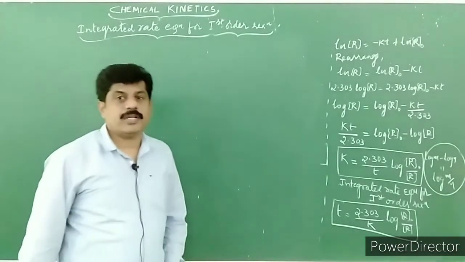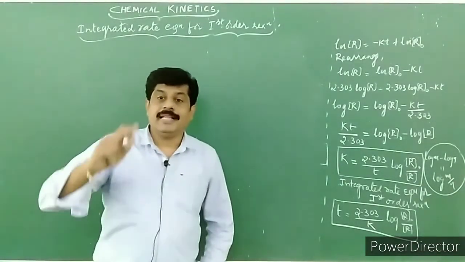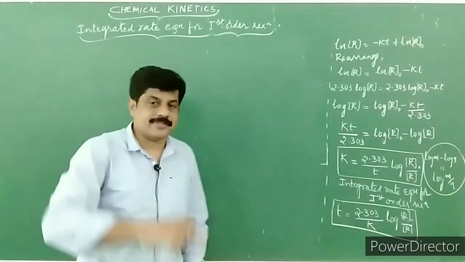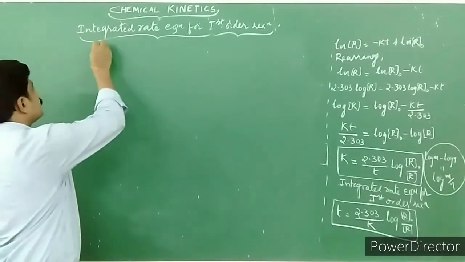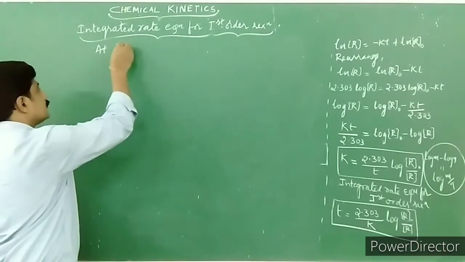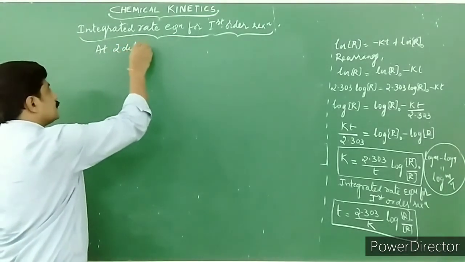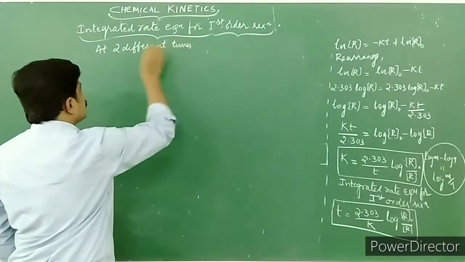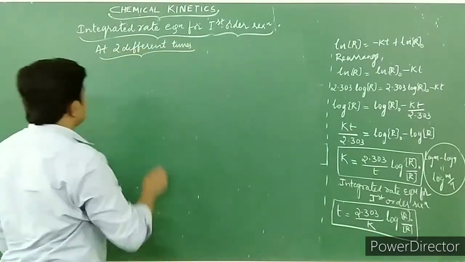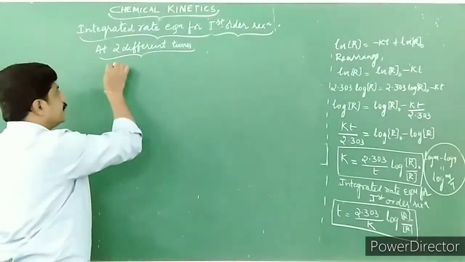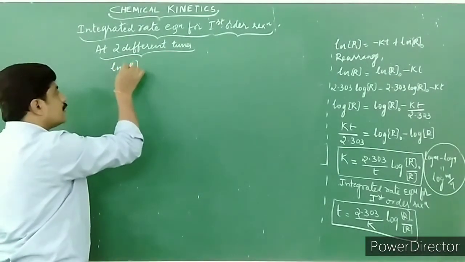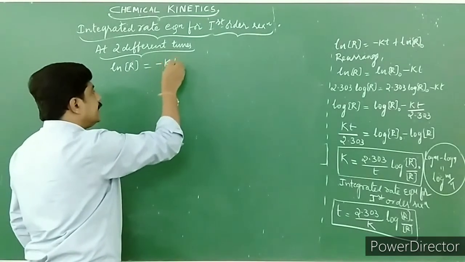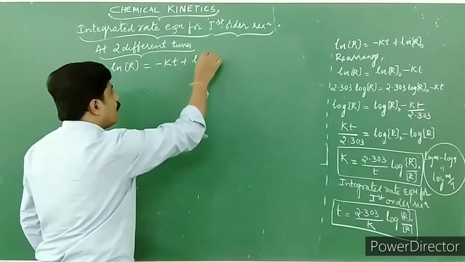Let us find out the expression for the integrated rate equation for first order at two different times. For this, let me consider, children, ln R is equal to minus kt plus ln R naught.